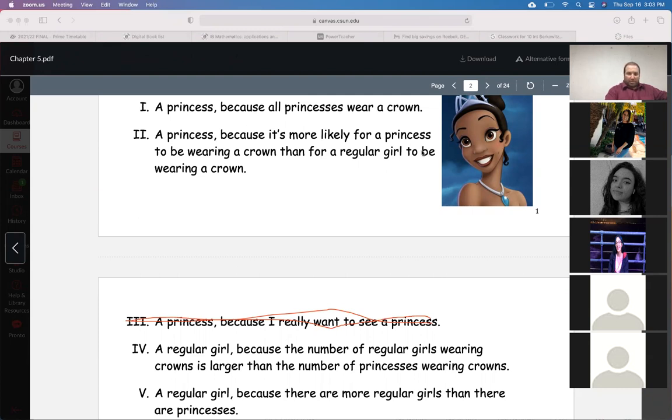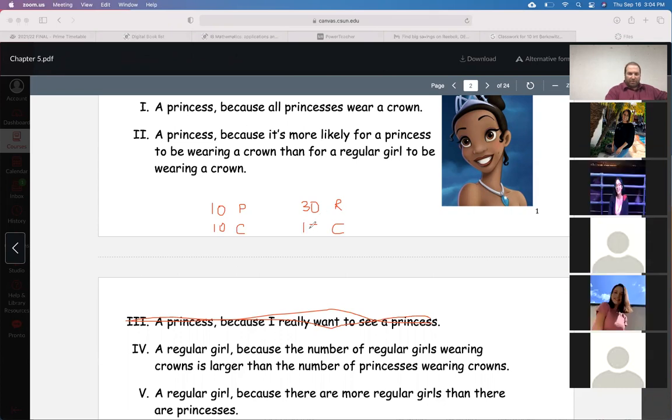So let's think about it. Let's write down the information again. There's 10 princesses, and therefore there are 10 crowns that come from the princesses. There are 30 regulars. How many crowns come from the regulars? 15.